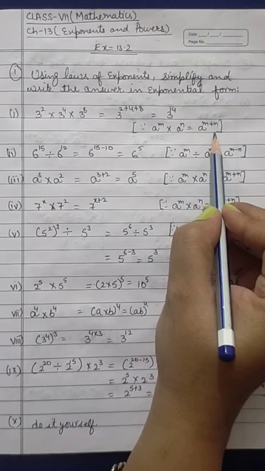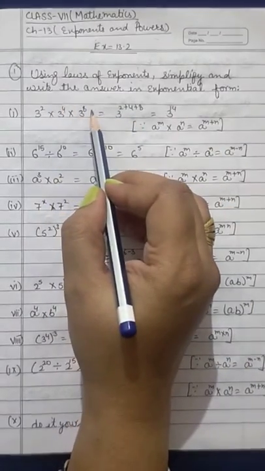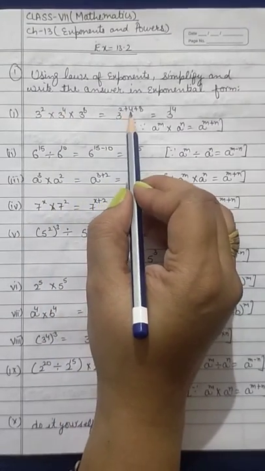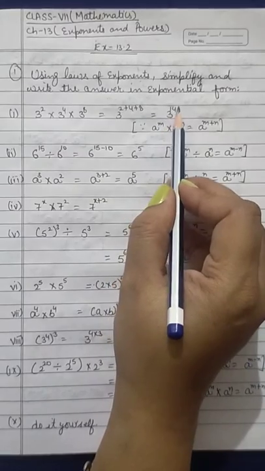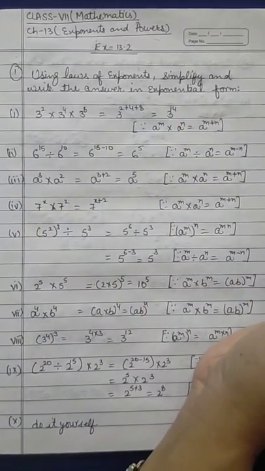So we write 3 raised to power 2 plus 4 plus 8. So the answer will be 3 raised to power 14, in exponential form.